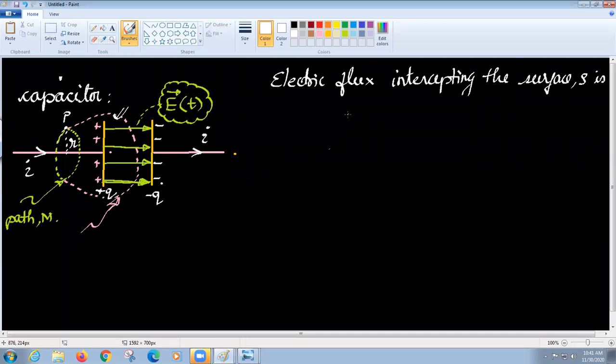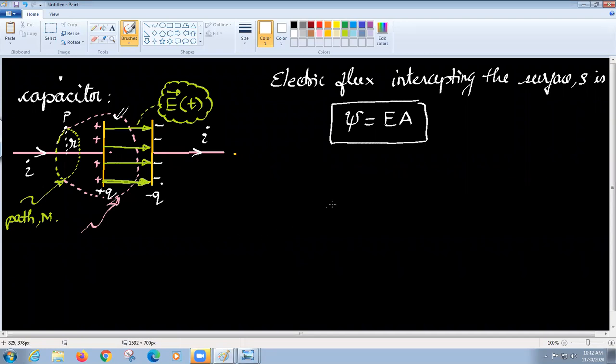This, yeah, what is that? So I take electric flux psi is equal to E multiplied by the area of the plates, okay? We are considering the area of the plates being the same. We have a couple of plates, both areas are the same.